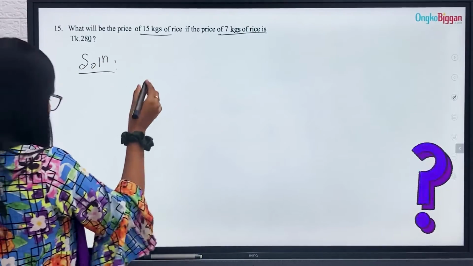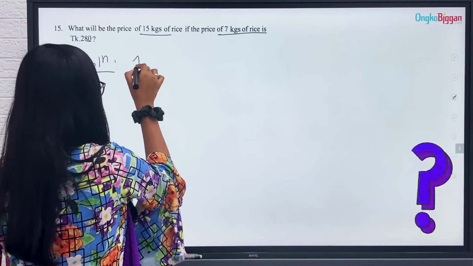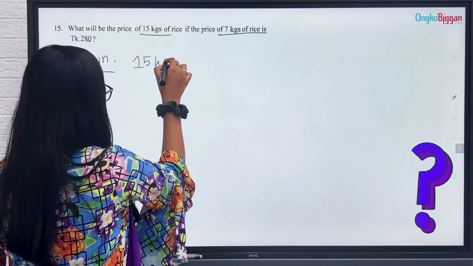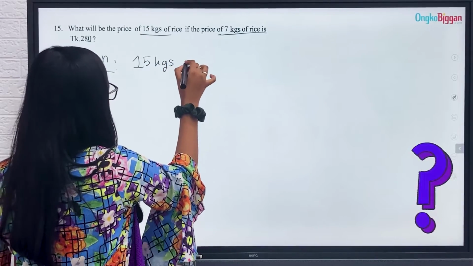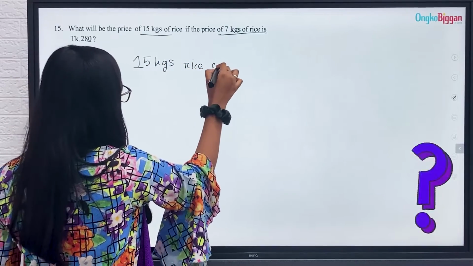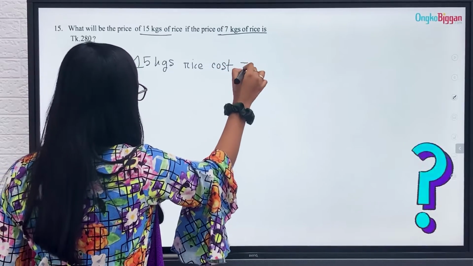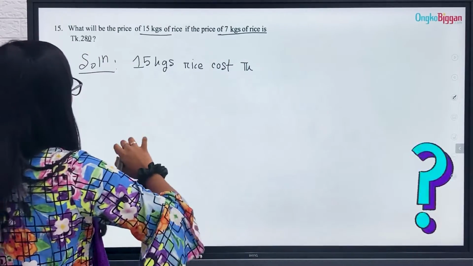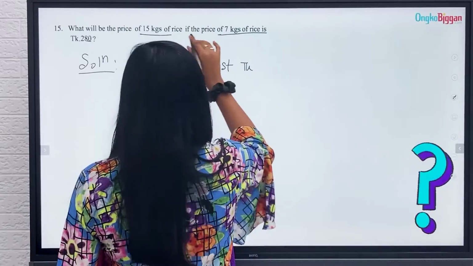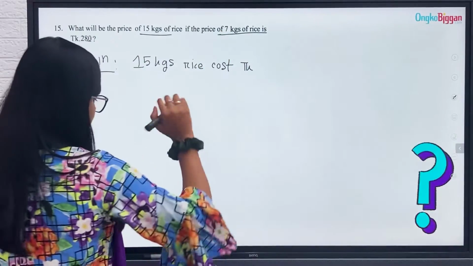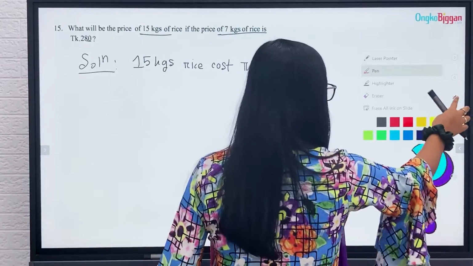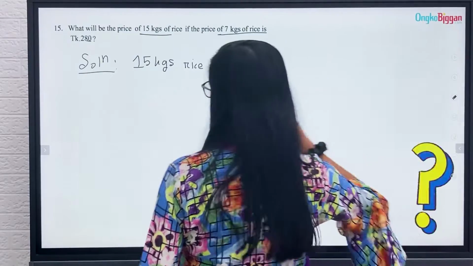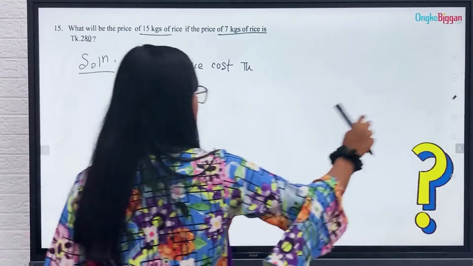That means we will write 50 kg rice cost taka. We are given 7, so it's given. We have to find out the amount of price first.